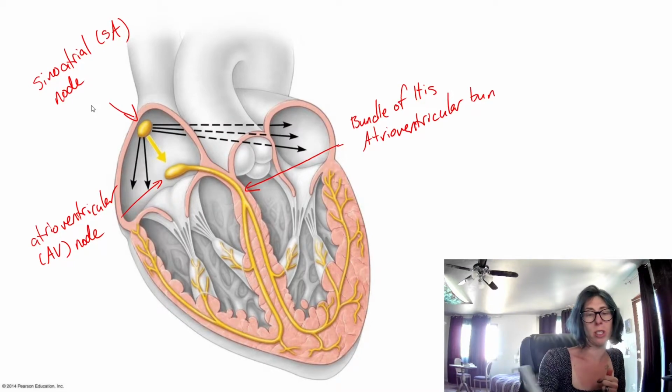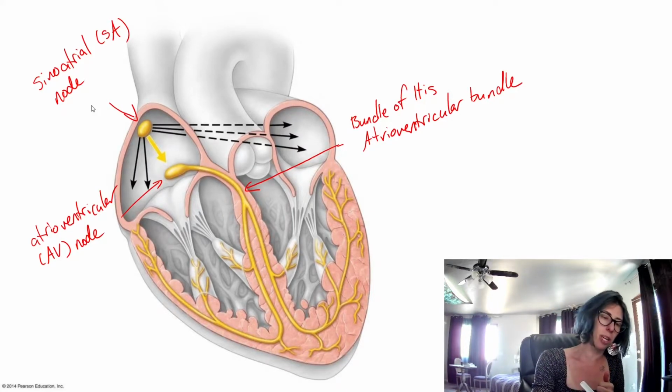I personally like atrioventricular because I like intuitive names, and these are between the atria and the ventricles. So you have the node between the atria and the ventricles, and you have the bundle between the atria and the ventricles.